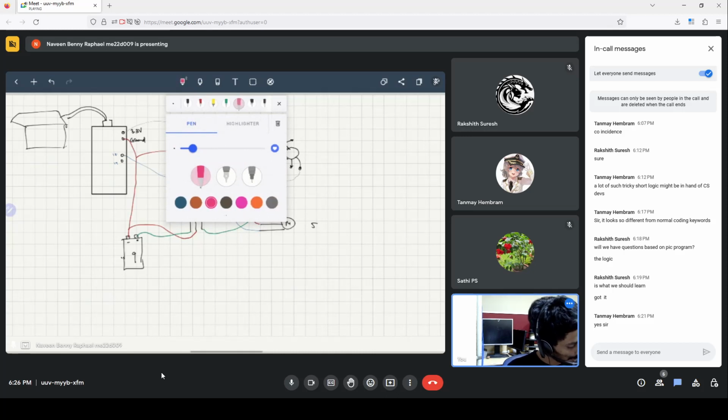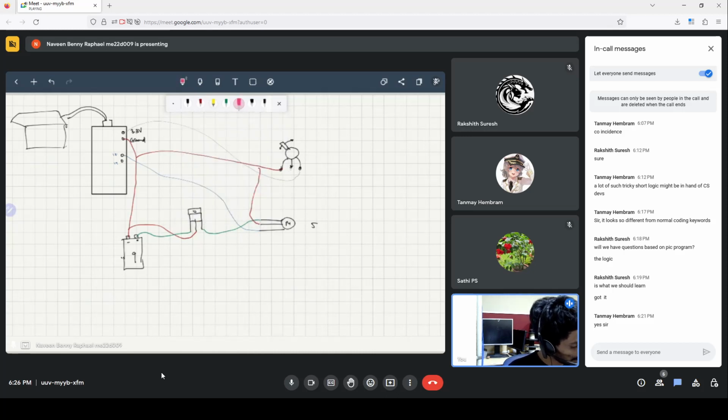Similarly, now I can connect the output of the potentiometer to pin number 19. So this was the final, okay, it's a really ugly circuit diagram, but that's what it is.